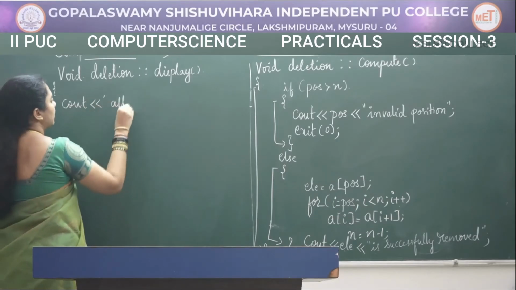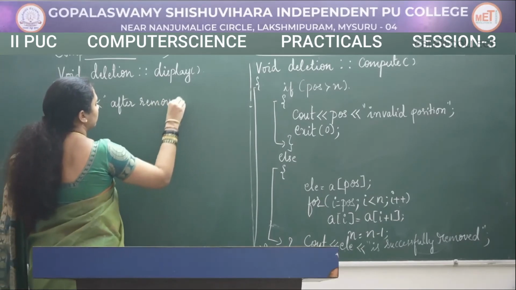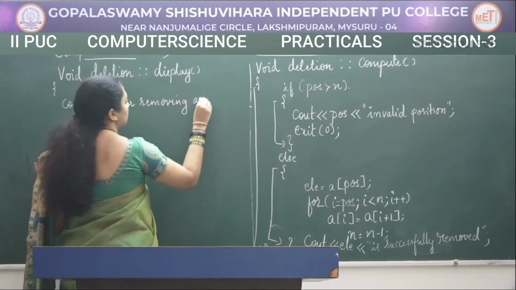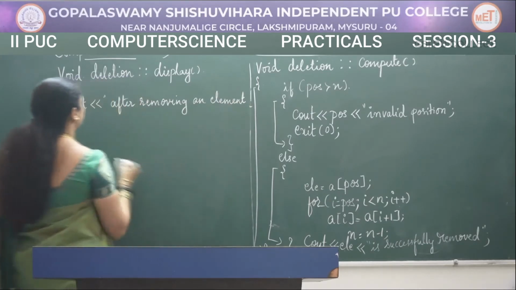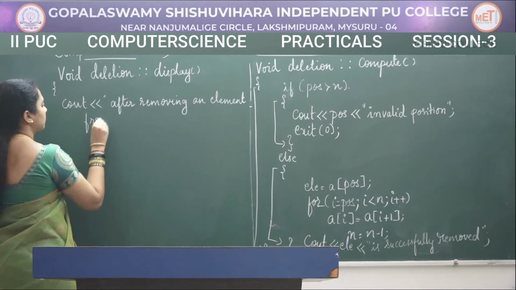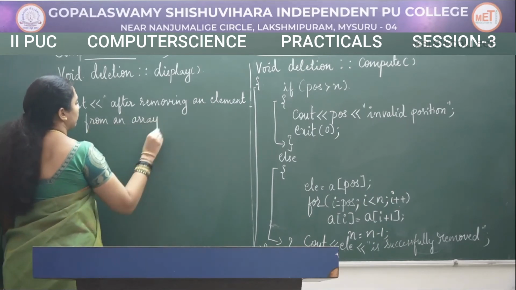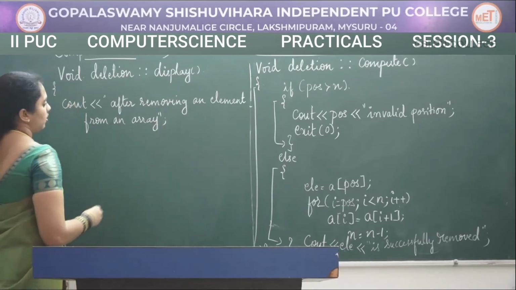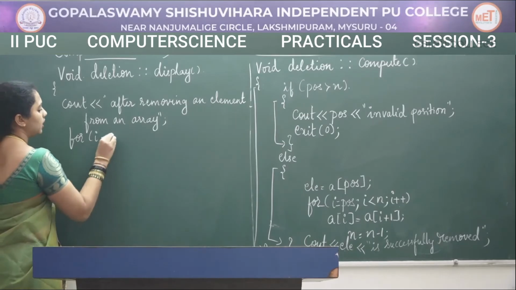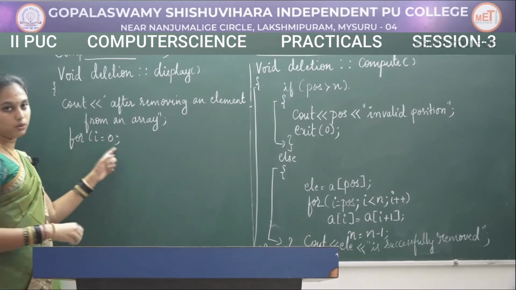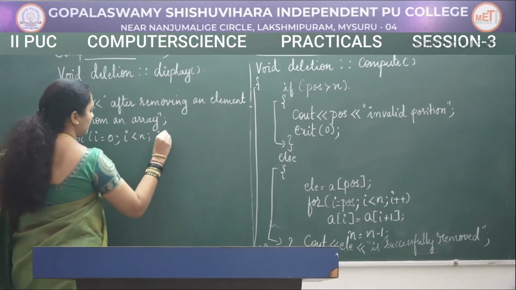So after removing an element from an array, so using for loop we are going to display the array elements. So I is equal to 0, I less than n, I plus plus.